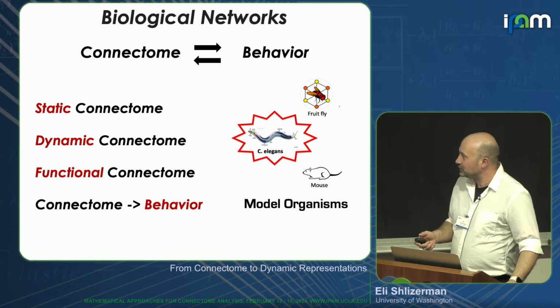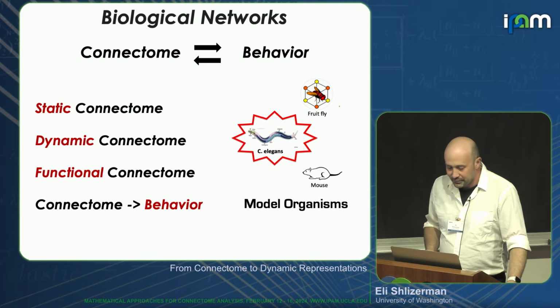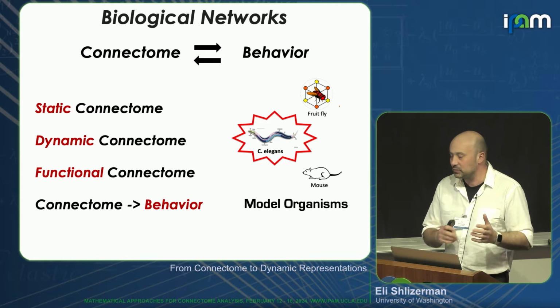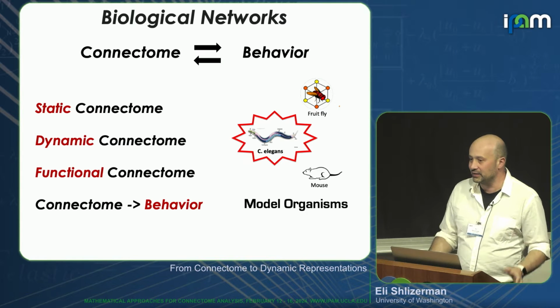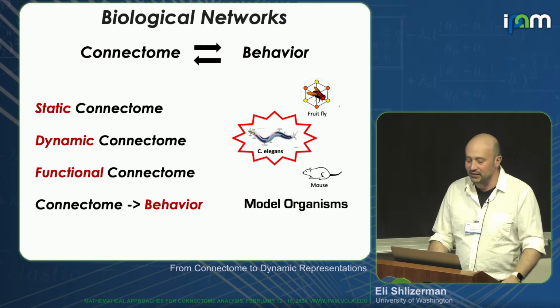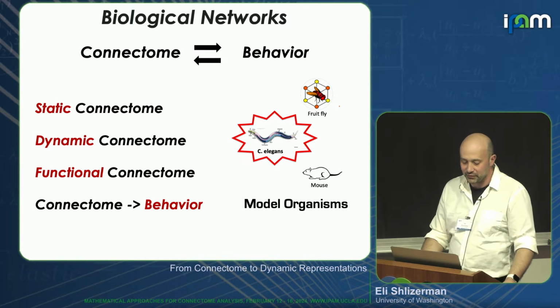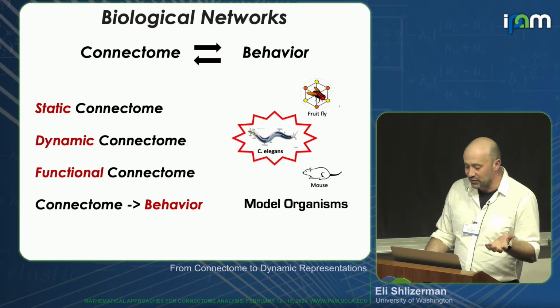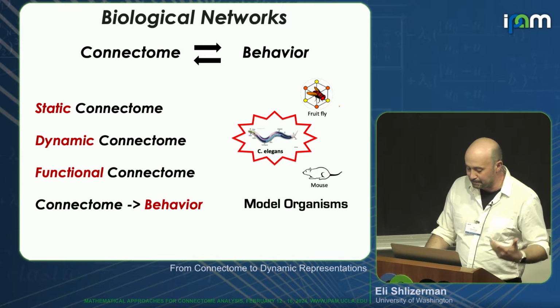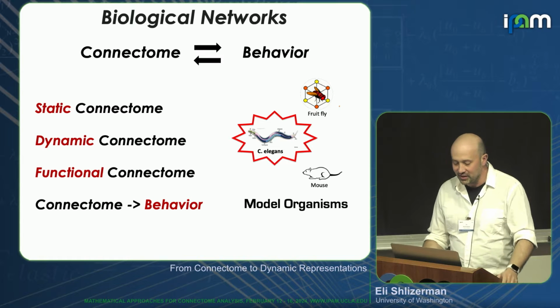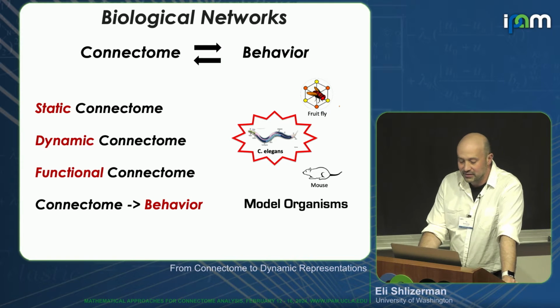All right, so I would like to talk about, in general, how we start with connectomics and go to dynamics: starting with a static connectome, then adding dynamics, simulations, and responses, and then asking what functionalities and organization we see as a result of this connectome.